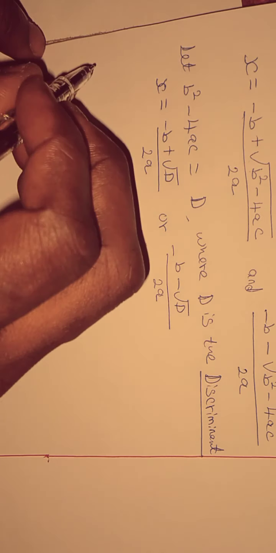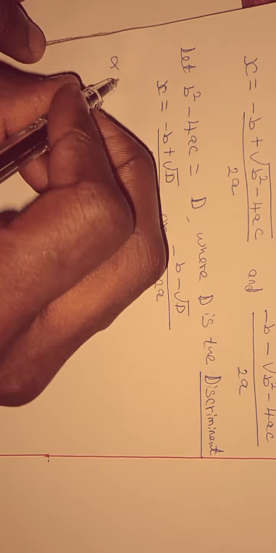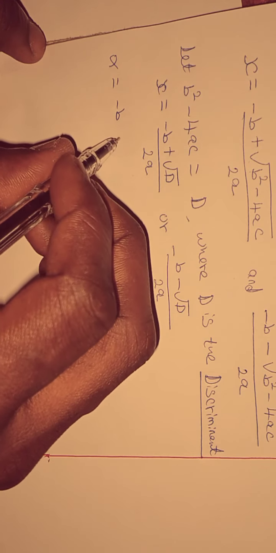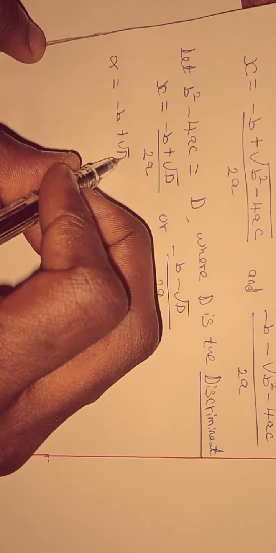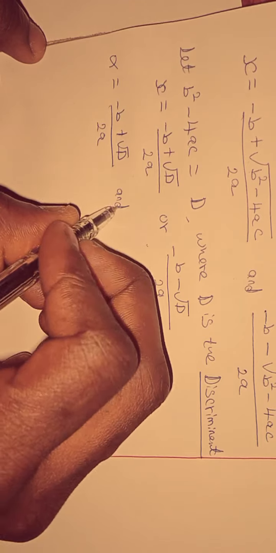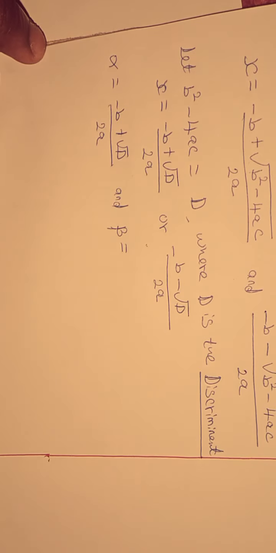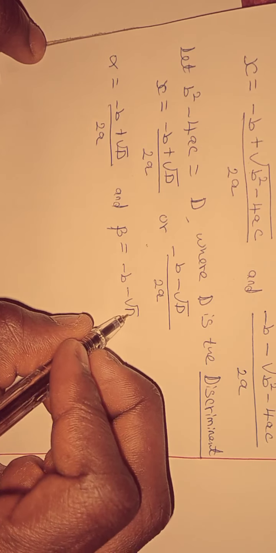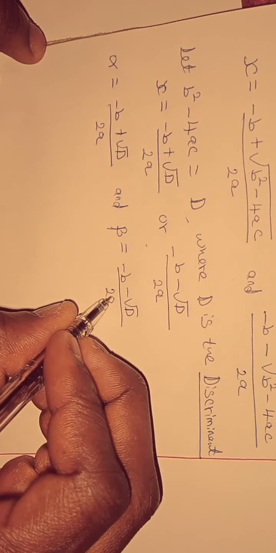So I'll say alpha is equal to minus b plus root d all over 2a, and beta is equal to minus b minus root d all over 2a.